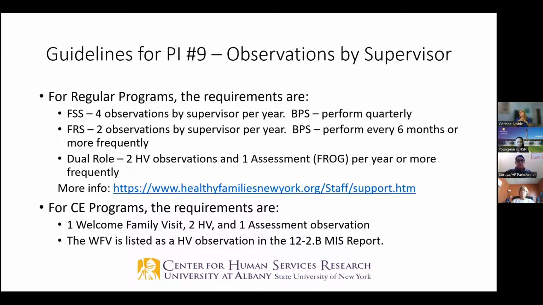Those are performed quarterly. You need 2 observations of an assessment per year, and those are usually recommended to be done every 6 months. And if you are a dual role, that is someone who is doing both assessments and home visits, you will be required to have 2 home visit observations and 1 assessment per year.